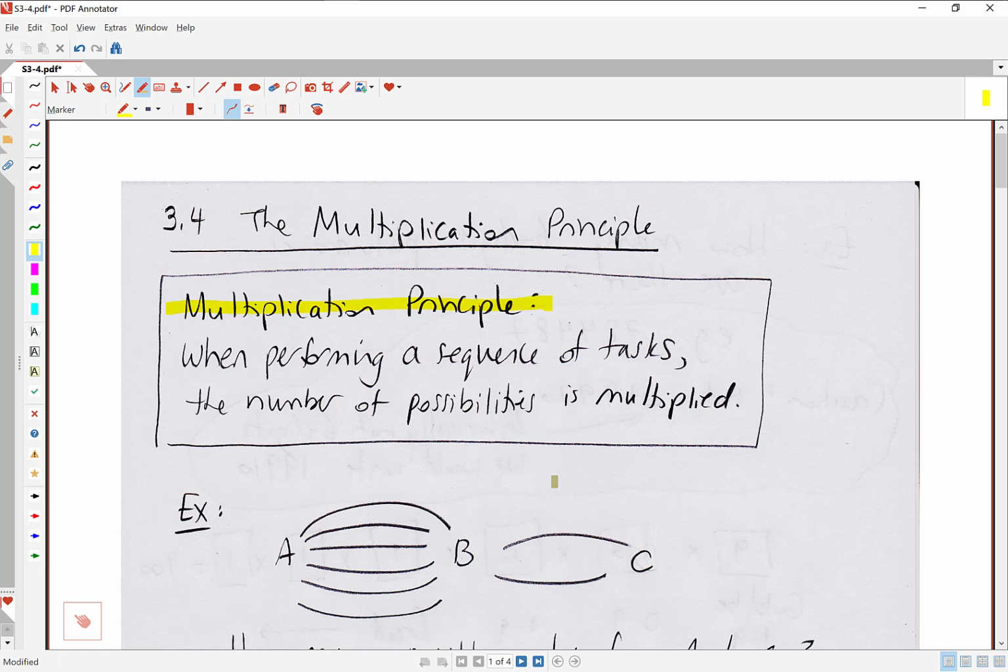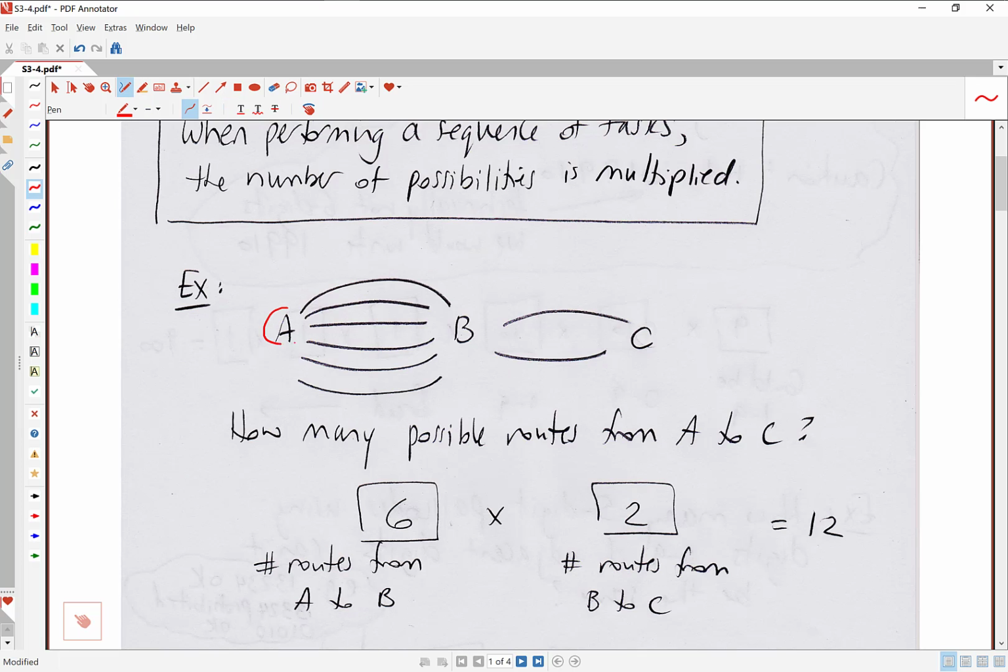So let's look at a quick example to understand what this is saying. Suppose we have 3 towns, A, B, and C. There are 6 different routes between A and B, and 2 different routes between B and C. If we ask how many possible routes are there from A to C, then we're performing a sequence of tasks.